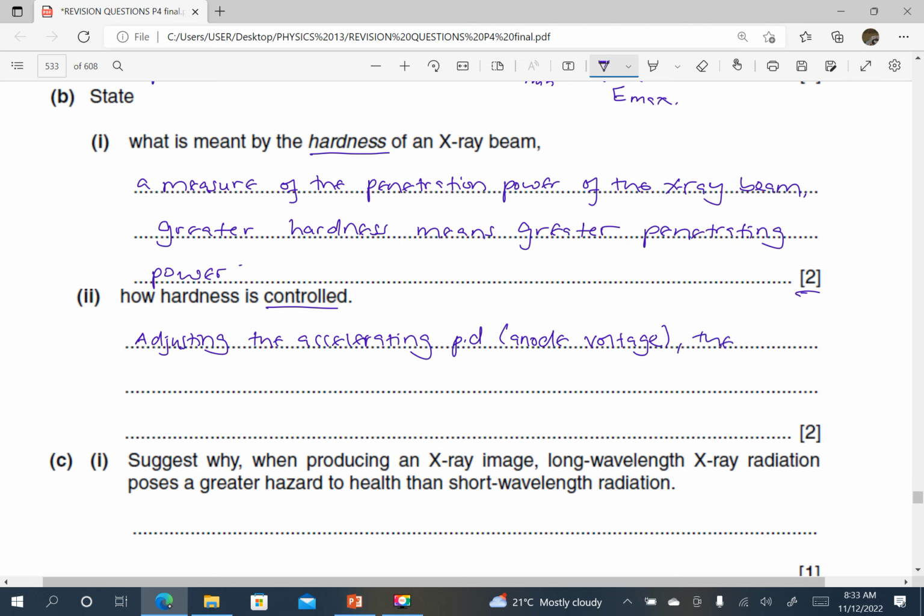And the higher the anode voltage or the accelerating PD, the greater the penetration power, or the greater the hardness.